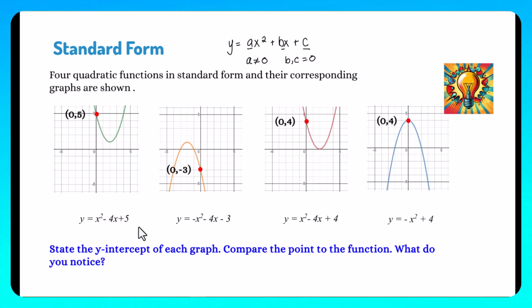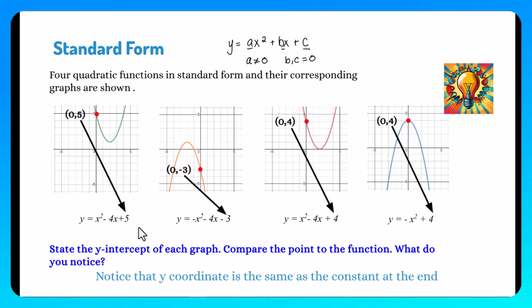Now you may notice that the y-coordinate of the ordered pair is equal to that c term, or constant term, at the end. Notice here we got 5 and 5, negative 3 and negative 3, 4 and 4, 4 and 4.